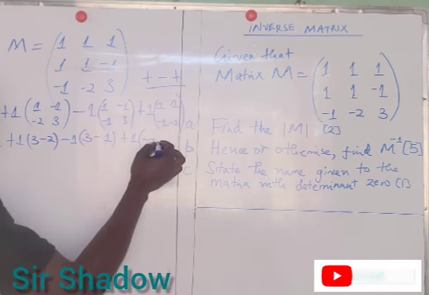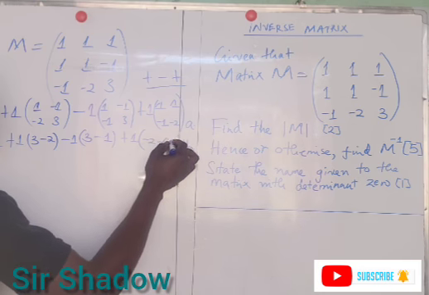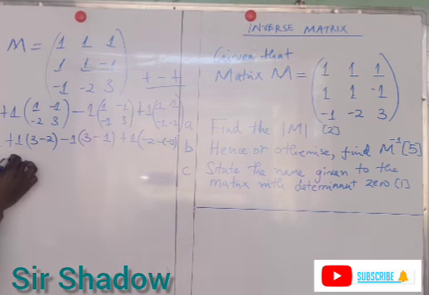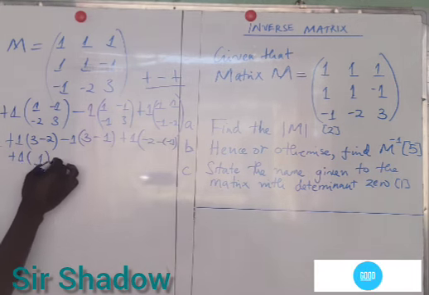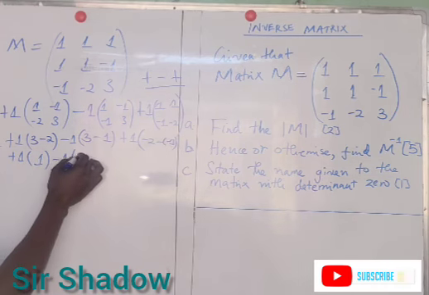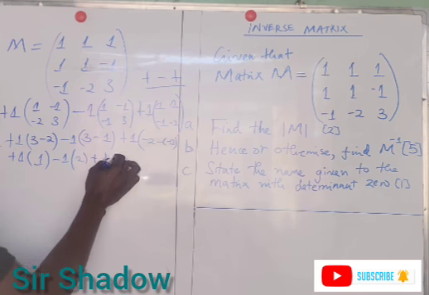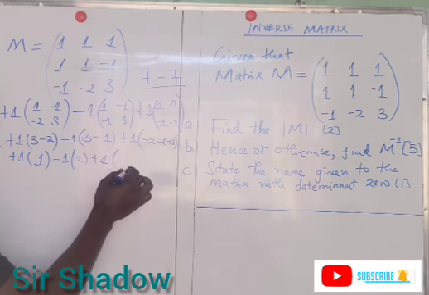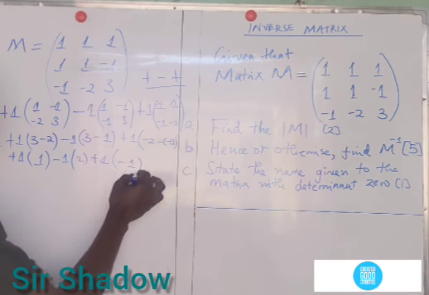Minus 2 is subtracting minus 1. So we are saying a positive 1 is multiplying a 1, minus a 1 is multiplying a 2, plus a 1 is multiplying minus 2 plus 1, which is negative 1.